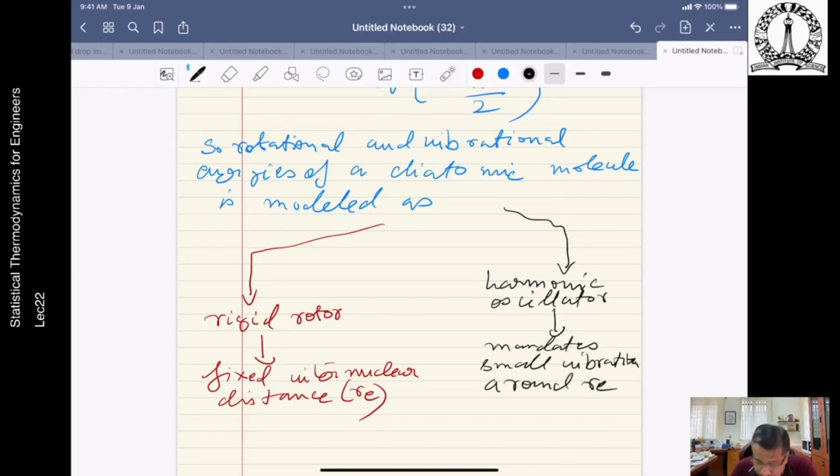Remember, small vibrations, not large. So this fits nicely into that. Around R e, this is the well, right? So it just vibrates around this particular level within a particular band.